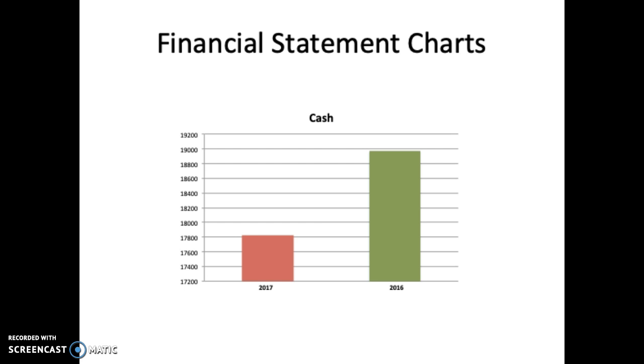We can also see a downward trend with cash available as well, with roughly 19,000 up there. And again, these numbers are in millions, so 19,000, and the red bar being about 17,800. So we are also seeing a downward trend in financial statement charts.